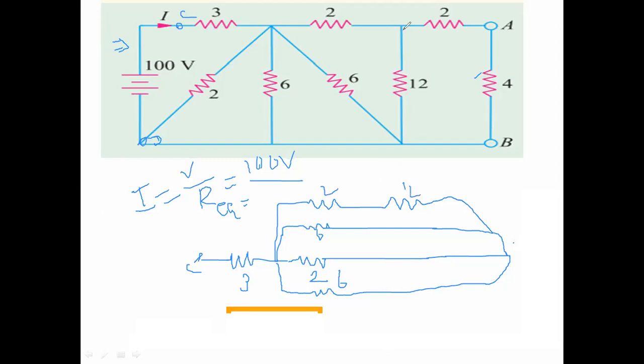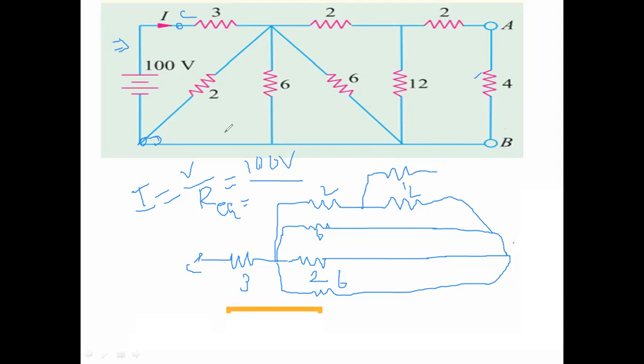In between the 2 and 12, we have a 2 ohm resistor connected to a 4 ohm resistor, and it is connected to D.